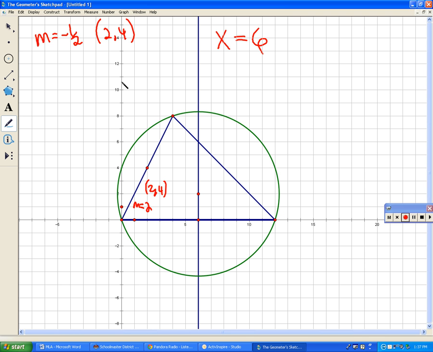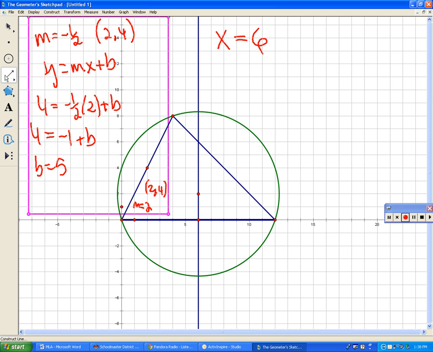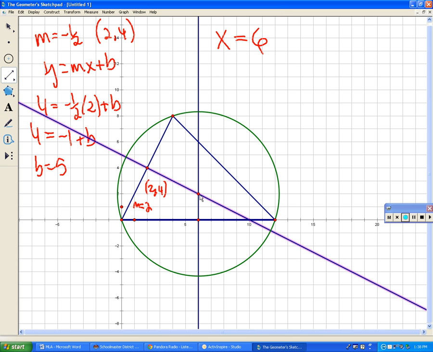And so we used our old friend from algebra, y equals mx plus b. We plugged in 4 for y, negative 1/2 for m, and 2 for x, and then we solved that for b. So that gave us the equation for this line, which turns out to be y equals negative 1/2 x plus 5.